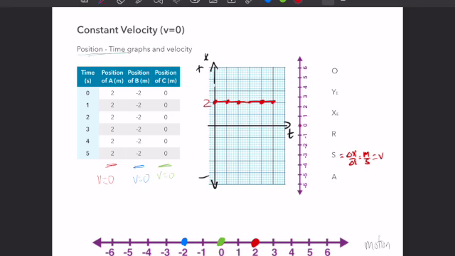Now we repeat for the blue, and that was at minus 2 at time 0, and it remained at minus 2. And again, the velocity is 0. There's no change in position. And lastly, we had a position of 0. And there we have it.